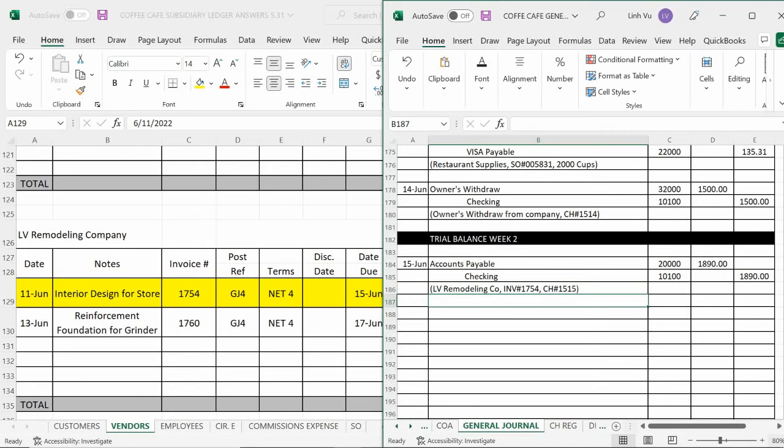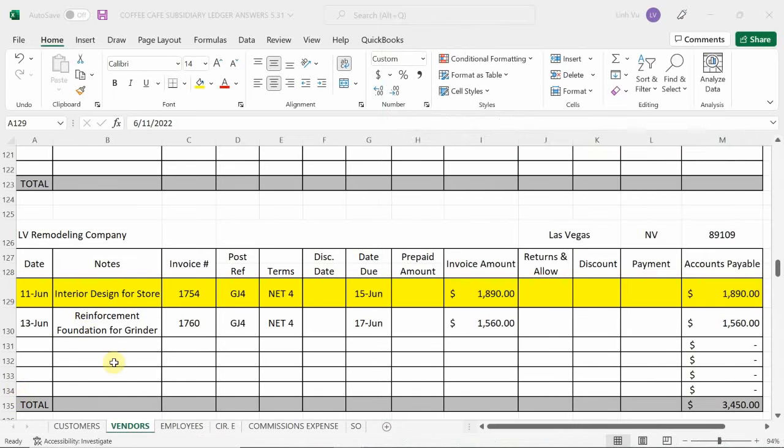Okay. So now the journal's done. I would update the vendor subledger, since we have it open.